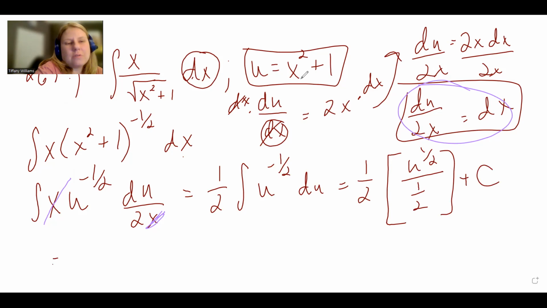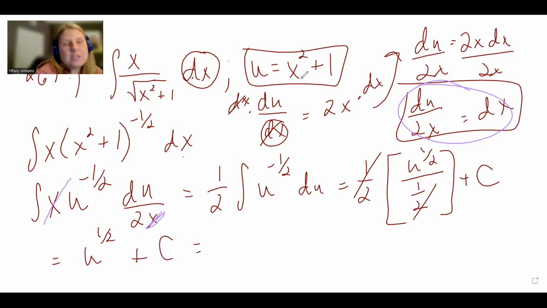Let me rewrite this to where it's a little bit prettier. If you've got divided by 1/2 on the bottom, that's actually going to multiply by the reciprocal. So you're multiplying by 2. So you've got 1/2 times 2 u to the 1/2. So the 1/2s cancel out. So really, you've just got u to the 1/2 plus c.